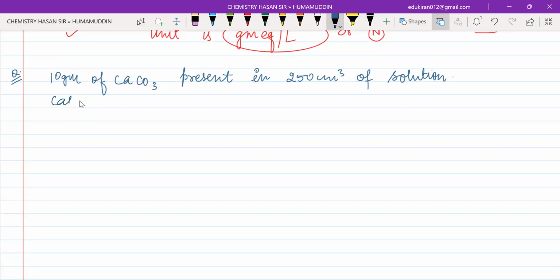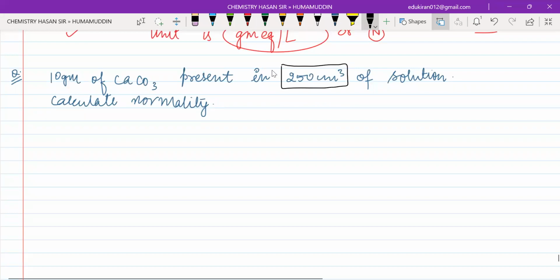Calculate normality. Austin, will you be able to convert this centimeter cube into liter? Yes, sir. Okay. Calculate normality.